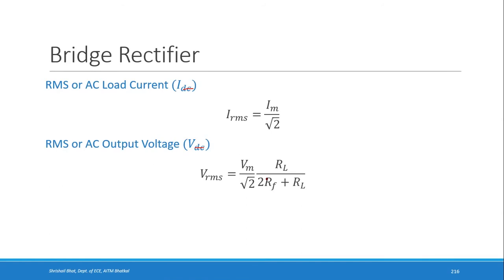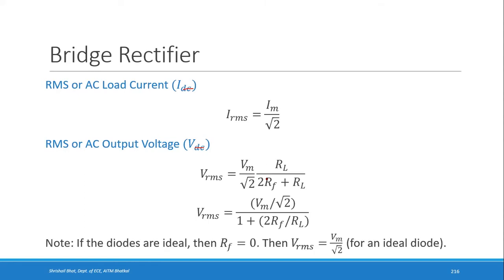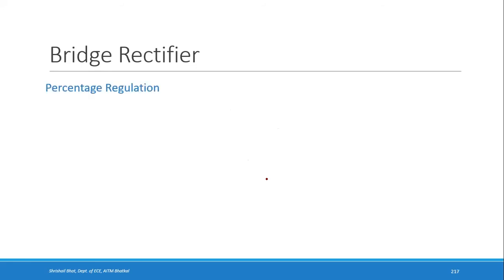And if you obtain it in this particular form, then it will be Vm by root 2 divided by 1 plus 2 RF by RL. Again, for the case of an ideal diode, VRMS will be equal to Vm by root 2 because RF is 0. Then coming to percentage regulation. Percentage regulation we obtained as RF by RL into 100%, right? In case of bridge rectifier, it will be 2 RF by RL into 100%.